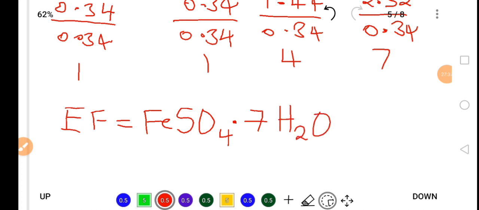This is how we are going to present our answer. This 7 is indicating the atoms, which means we have 7 times 2, it was supposed to be 14, and then 7 here. But we don't write this 7 in front of oxygen so that we can show that this 7 is also affecting hydrogen and oxygen. So we write it in the middle. That is very, very important.